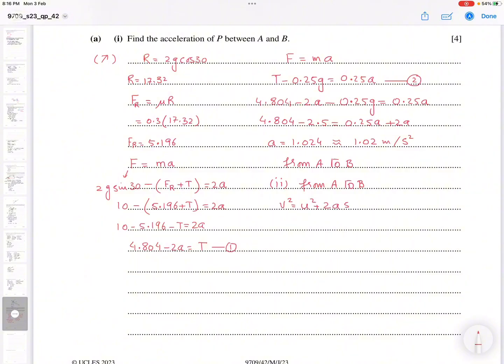So my velocity at B would be, initial velocity was 0, 2 into acceleration 1.024 and my distance is 0.8 meters. So velocity at B would be finally 1.28 meter per second.